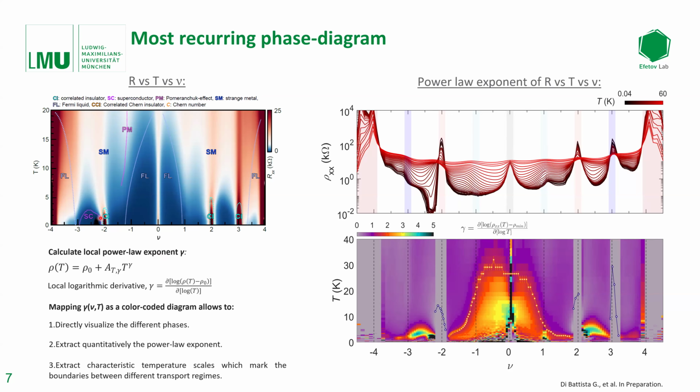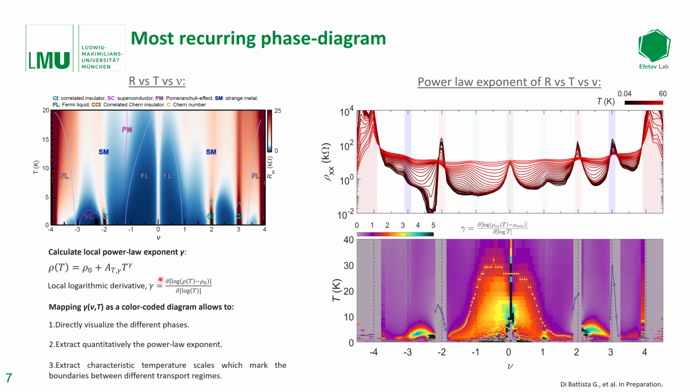We take a phase diagram like that and fit it to a power law formula, where we assume the resistance scales as a residual resistance plus a power law temperature-dependent resistivity, R = R0 + A T^gamma. We can then locally extract this gamma coefficient, which is the power law of the temperature-dependent resistivity.